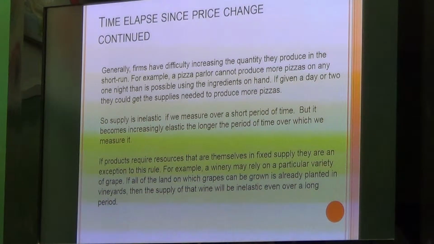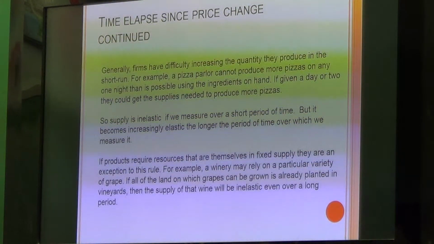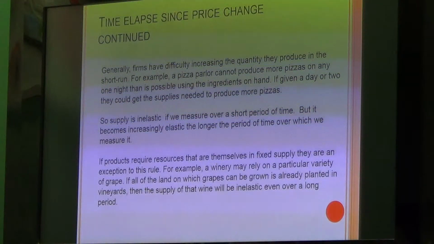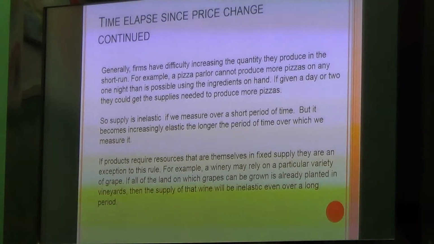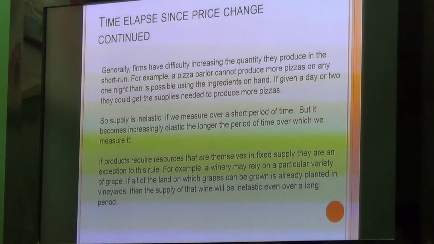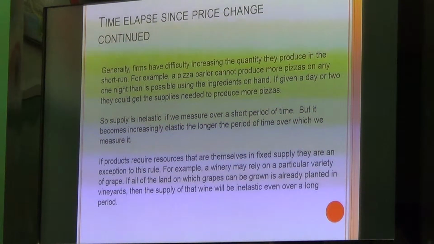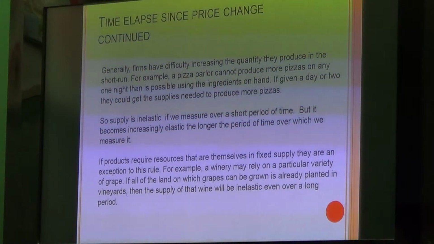If all of the land on which grapes can be grown is already planted in vineyards, then they can't really increase the supply of that wine. So it'll be inelastic even over a long period of time. It takes quite a few years to even get a grape vine growing, I think it's like 7. So they can't necessarily increase the supply of that particular grape, right? So with that one, it'll be inelastic over an even longer period of time.